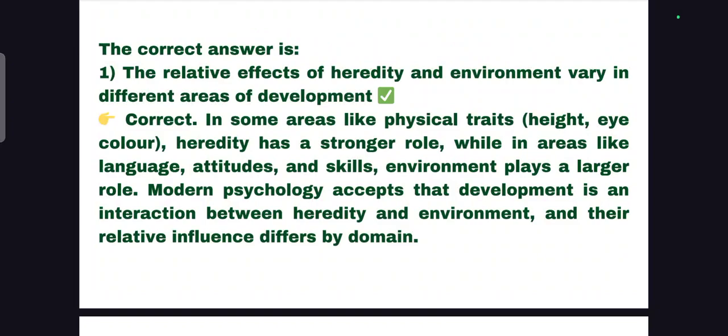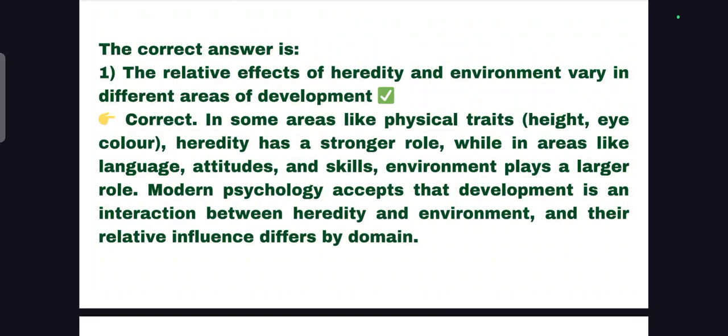In some areas like physical traits, what are the physical traits? Height, eye color, etc. Heredity has a stronger role, while in areas like language, attitude and skills, environment plays a larger role. So modern psychology accepts that development is an interaction between heredity and the environment.